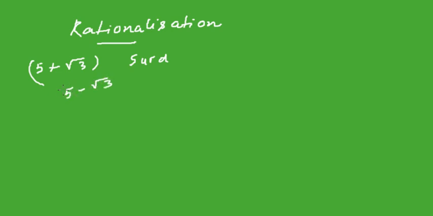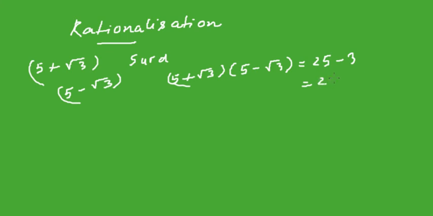Now to make it a rational number, we have to multiply it with 5 minus root 3. 5 plus root 3 into 5 minus root 3 is equal to 25 minus 3, is equal to 23. 23 is a rational number. This process is called rationalization.